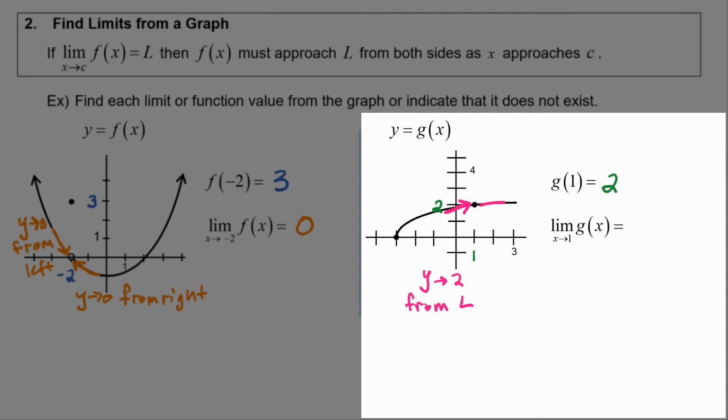Coming in from the right, we see that the y values are also approaching 2 as x approaches 1 from the right. Since the limit from the left is going to 2 and the limit from the right is going to 2, we say that the limit as x approaches 1 of g of x is 2. So in this case, the function value and the limit were the same number.